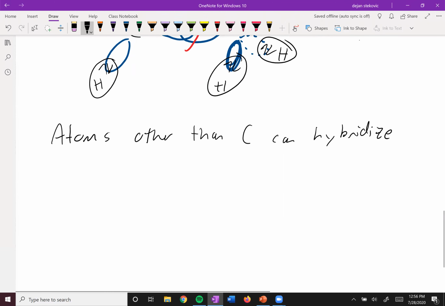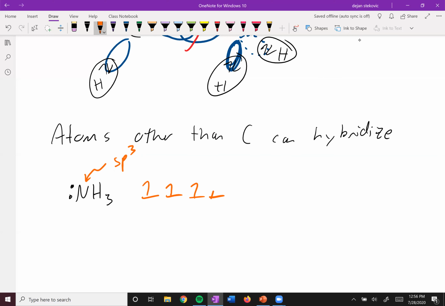Let's take a look at some of these. If we think about ammonia, NH3, remember that this has a lone pair. So again, this nitrogen will be sp3 hybridized. It has three atoms and one lone pair. That's four things attached. Nitrogen has five valence electrons: 1, 2, 3, 4, 5.